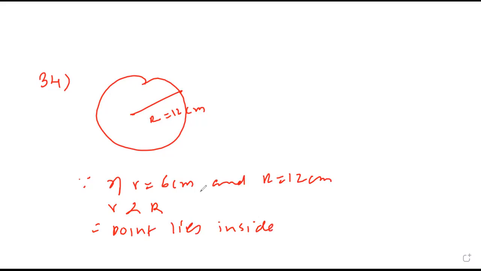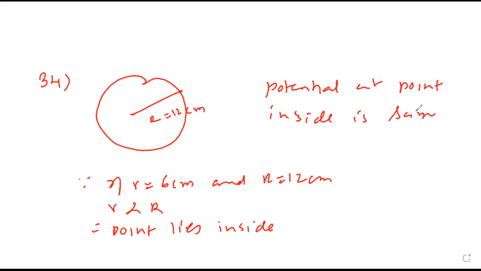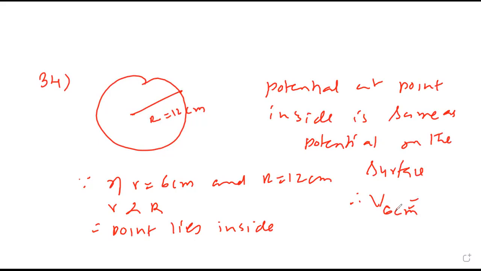Potential at any point inside is same as potential on the surface. Therefore, potential V at a distance of 6 centimeter from the center will be same as the surface, and it is 100.